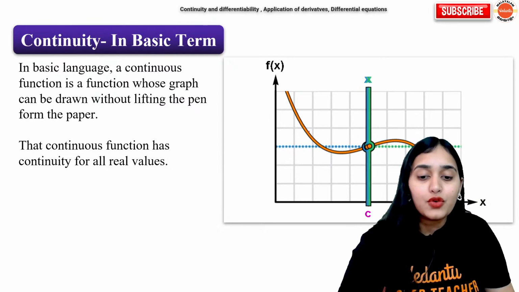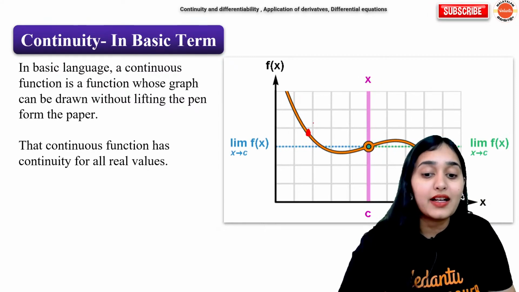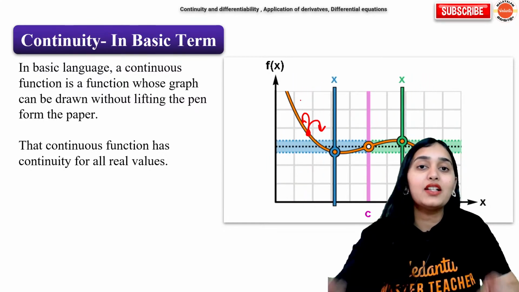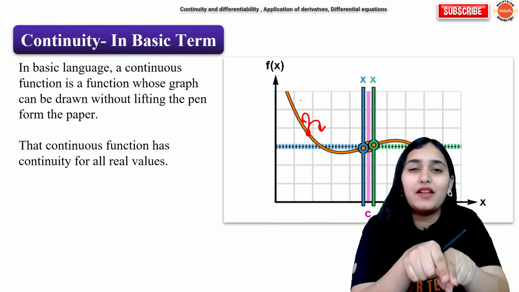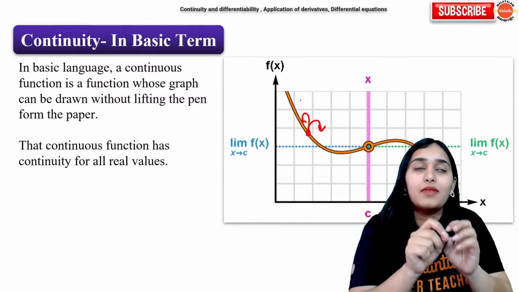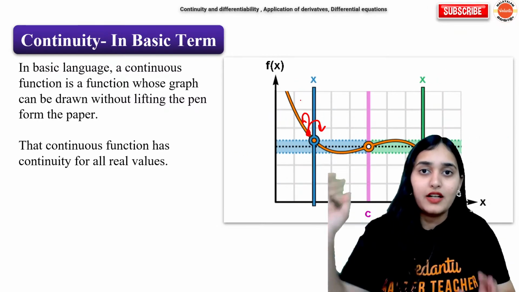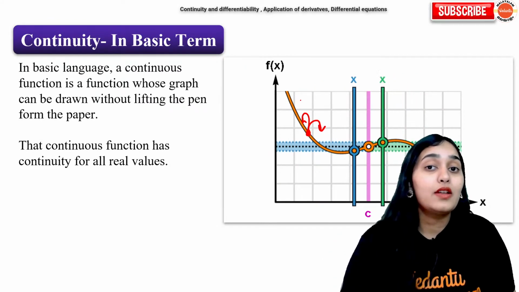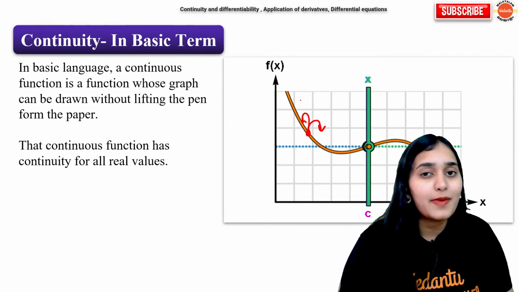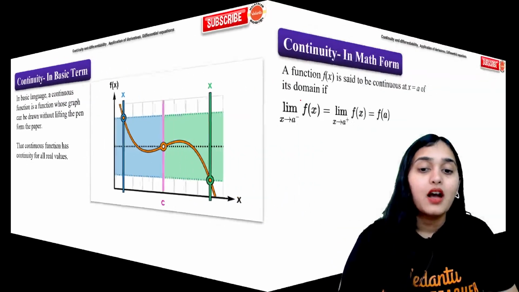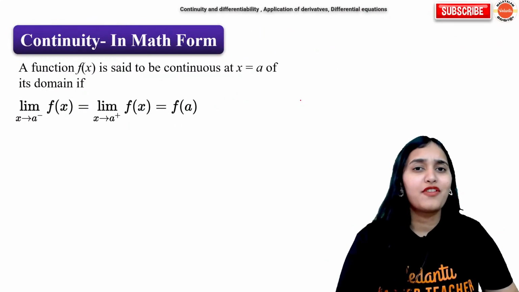So, if you choose a certain point and you check immediate neighboring values, approaching it from a 0.0001 difference, you will always find that those values are equal. That denotes basically that your graph is continuous. It is not breaking at any point. Okay. Now, this is the basis of continuity.